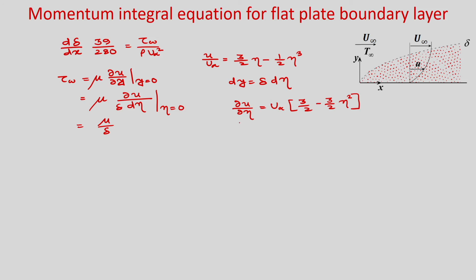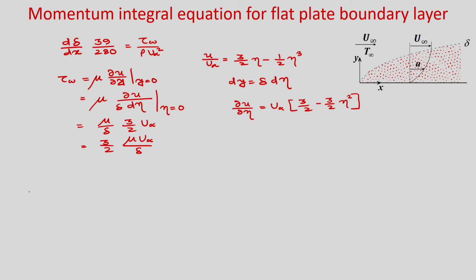So, you can see del u by del eta at eta is equal to 0 will be 3 by 2 into u infinity. So, finally, tau w you can write as 3 by 2 mu u infinity by delta.